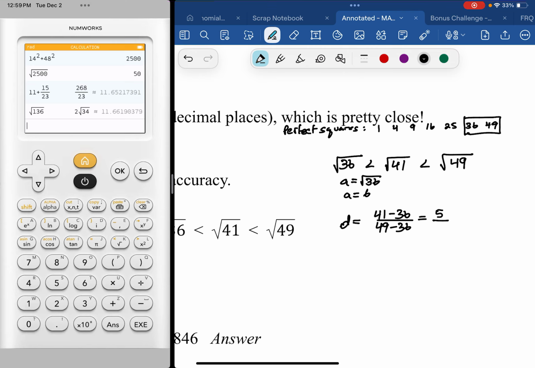It's really saying the distance from 36 to 41, which is 5 units, over the overall distance, which is 13 units. So my radical 41 is going to be equal to 6 plus 5 over 13.